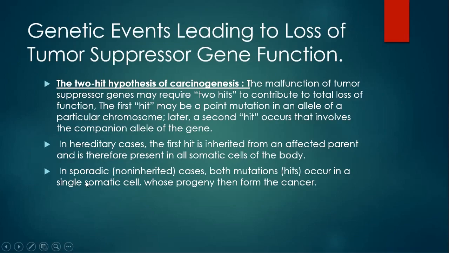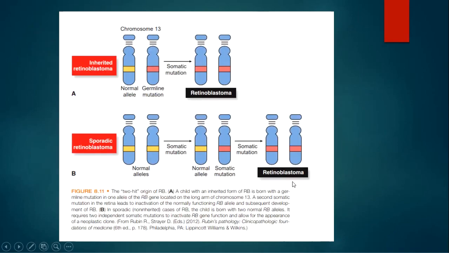While in sporadic cases, in which the mutation is not inherited, that means it's not taken from the parents, both mutations or both hits occur in a single somatic cell, whose progeny then forms the cancer.